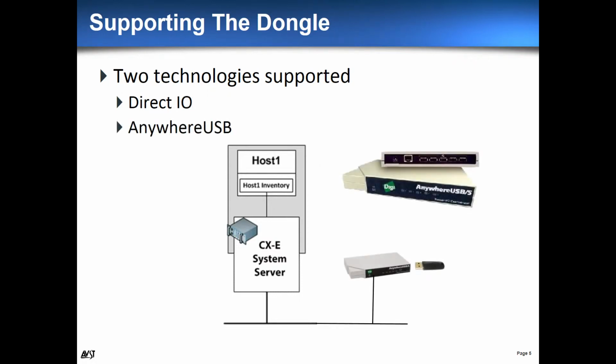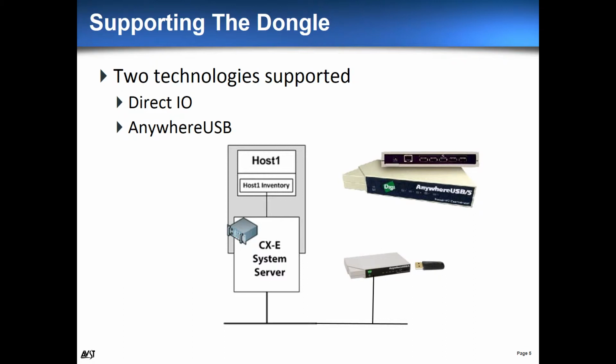The second method for supporting the dongle in VMware is to use the third-party product Anywhere USB. Anywhere USB is a network appliance that sits out on the network and allows connections to be made from within hosts out across the network to devices installed in the Anywhere USB platform.